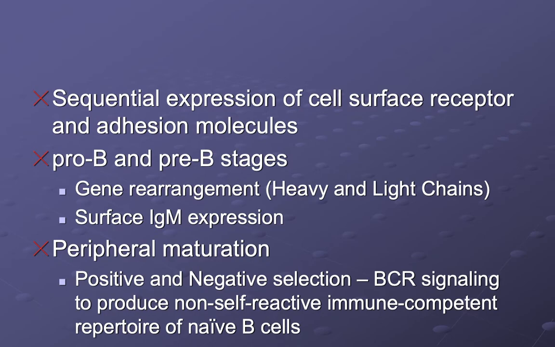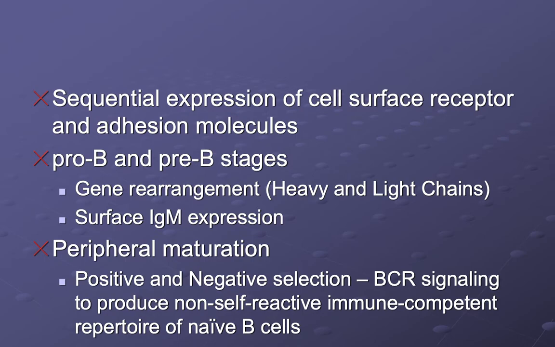Such as for them to proliferate or to move from their original location, from the bone marrow, to locations such as the spleen, where they can experience further maturation through antigen presentation or antigen interaction.